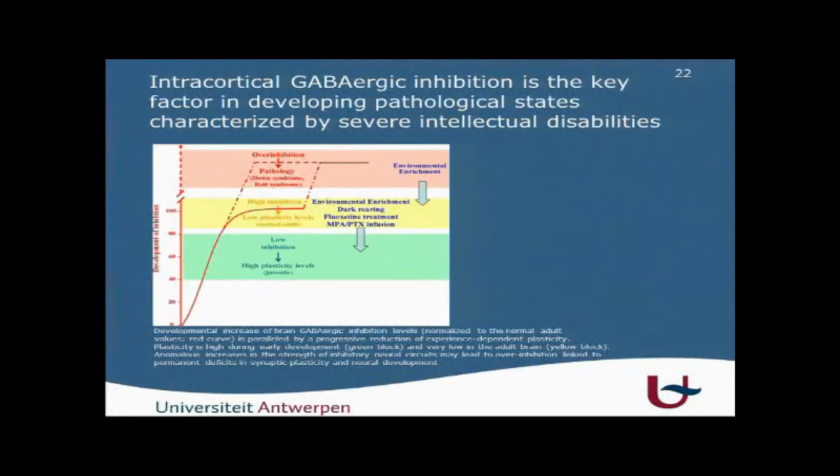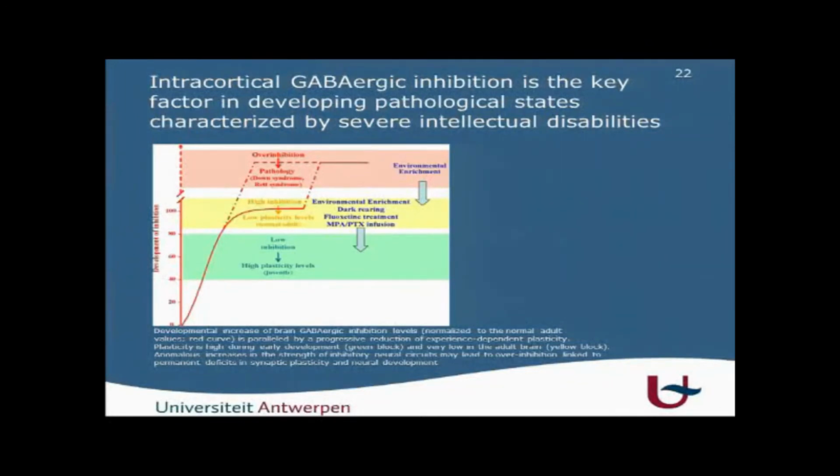And then, of course, when the cortical inhibition results in an over-inhibition, you have some types of psychiatric disorders which deal with mental problems. Examples mentioned here are Down syndrome and Rett syndrome, but also autism spectrum and schizophrenia deal with over-inhibition as a sort of disease pattern.